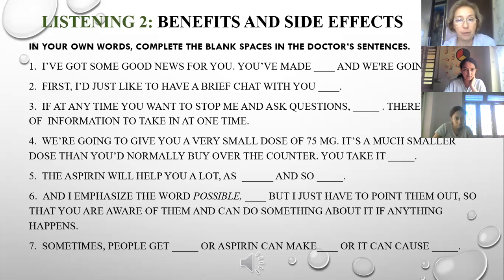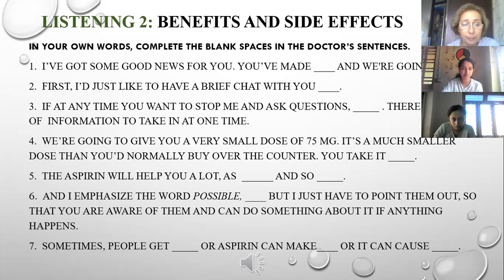Okay. In number 5, the aspirin will help you a lot as it thins the blood and prevents further attacks. Emphasize the word possible as you may not get any of them.